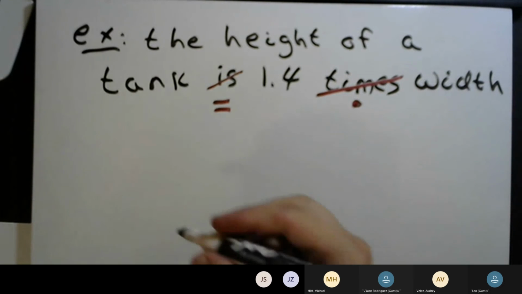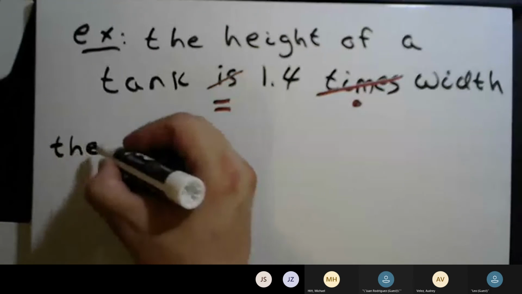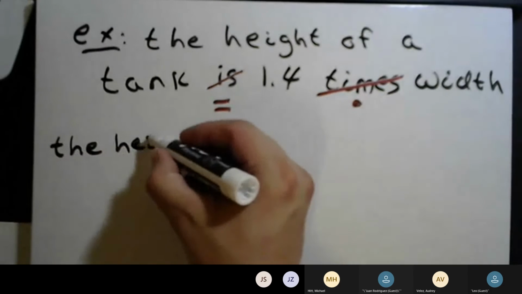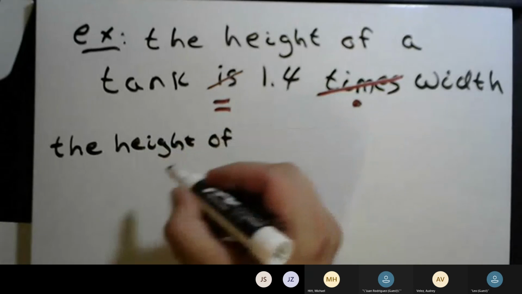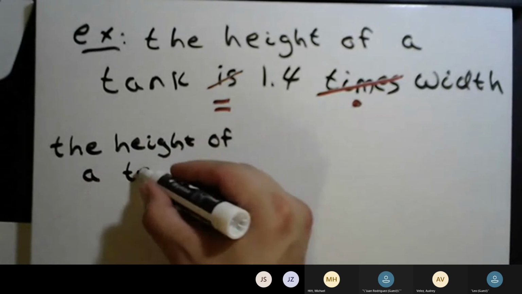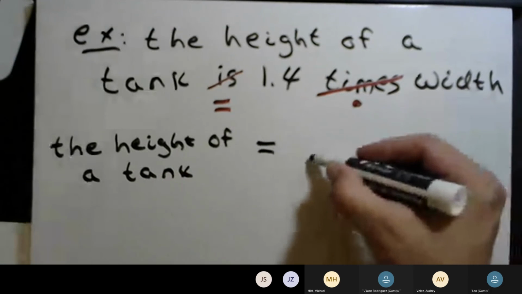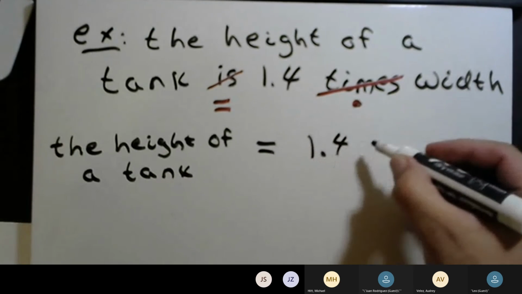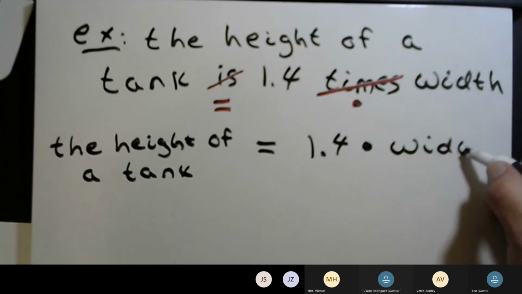So now we can rewrite this. The height of a tank is 1.4 times the width.